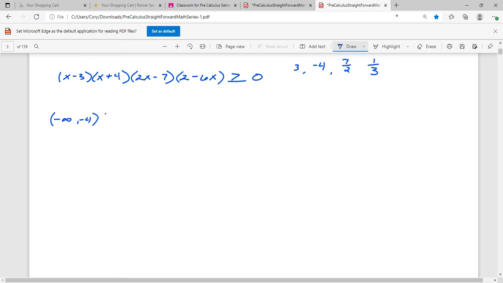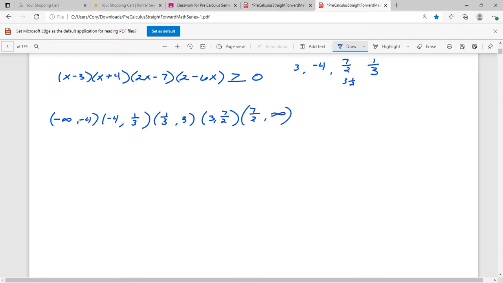Then I could go from negative 4 to 1/3, and then from 1/3 to 3, and then from 3 to 3 1/2, or 7 over 2, and then from 7 over 2 to infinity.